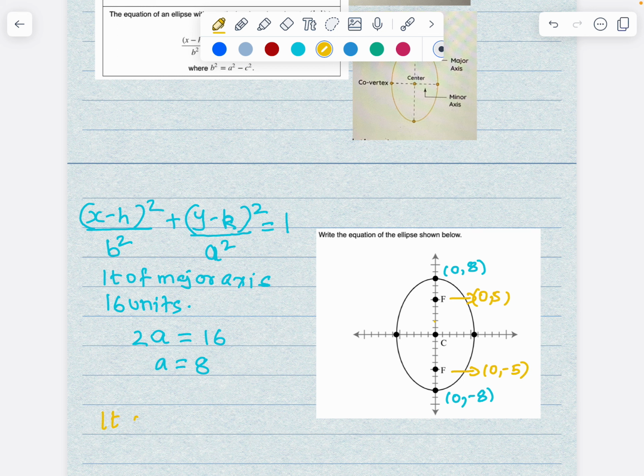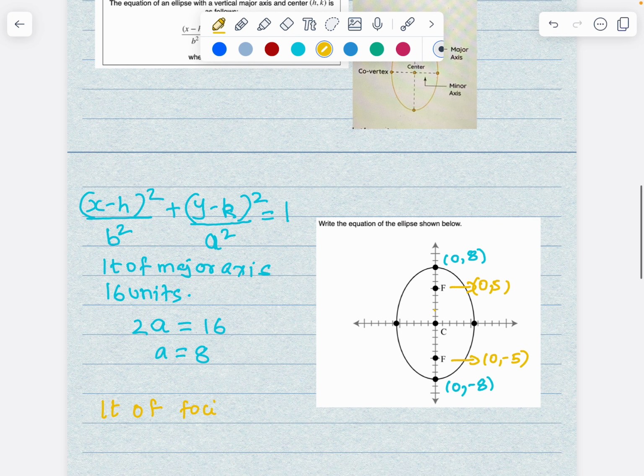The length of the distance between foci is 10 units.